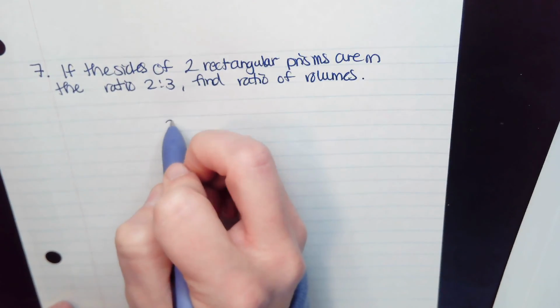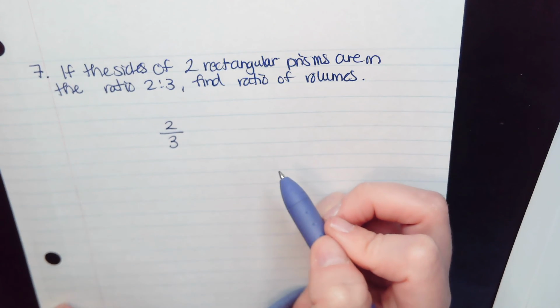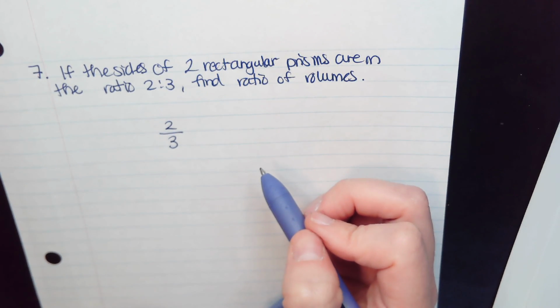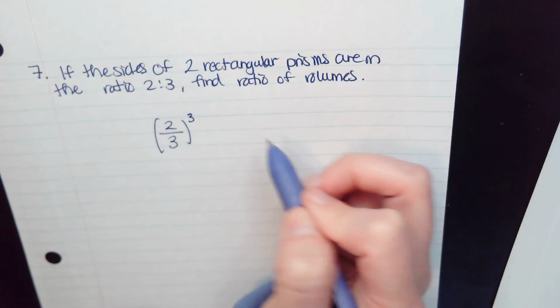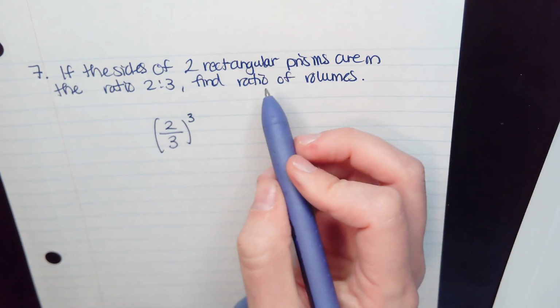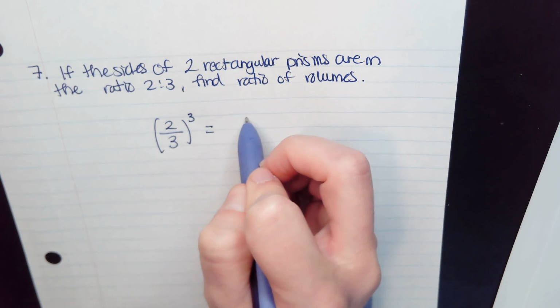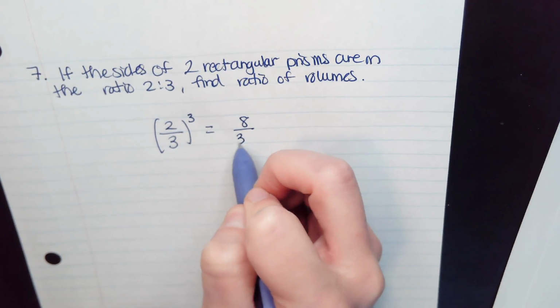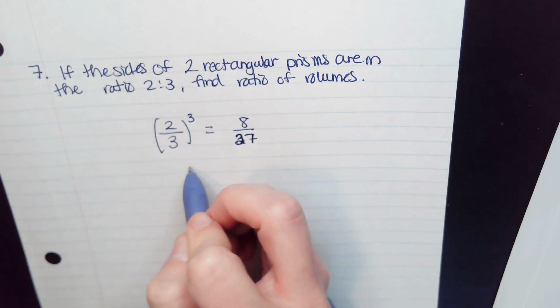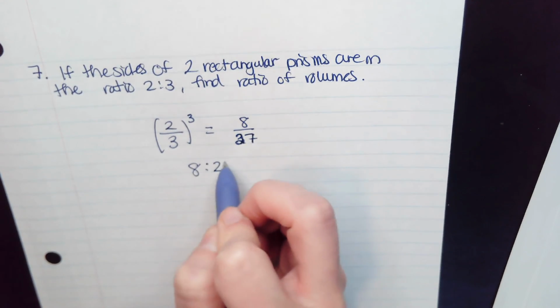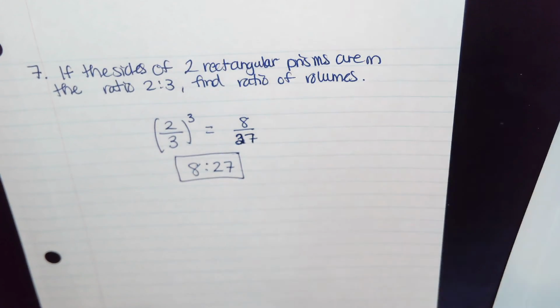Okay, so if we know their ratio is 2 to 3, this time instead of squaring them like we did for the area, you're going to want to cube them. So we're going to cube each one, which will give us 2 cubed is 8 and 3 cubed is 27. So our ratio would be 8 to 27 for the ratio of their volumes.